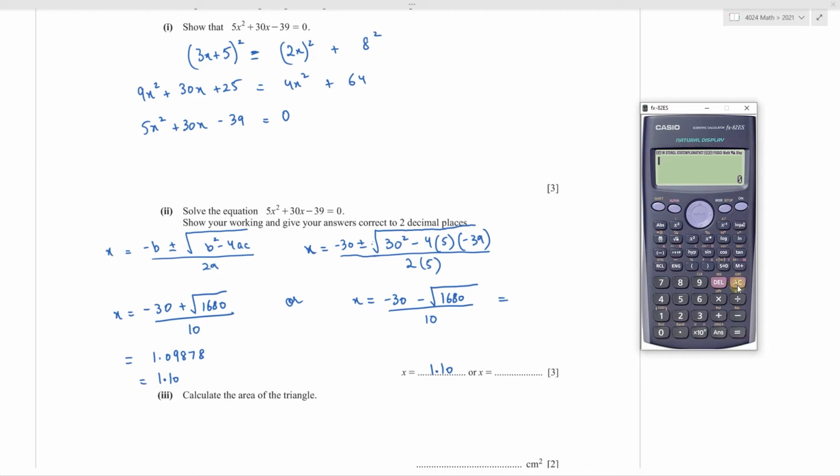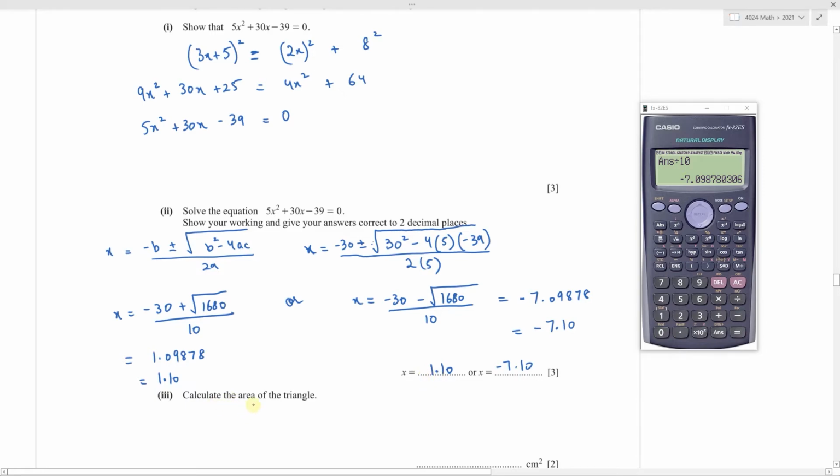And this will be minus 30 minus square root of 1680 and then divided by 10. So this is minus 7.09878, and again up till 3 significant figures this will be minus 7.10. So minus 7.10 and 1.10 are your 2 possible values of x.